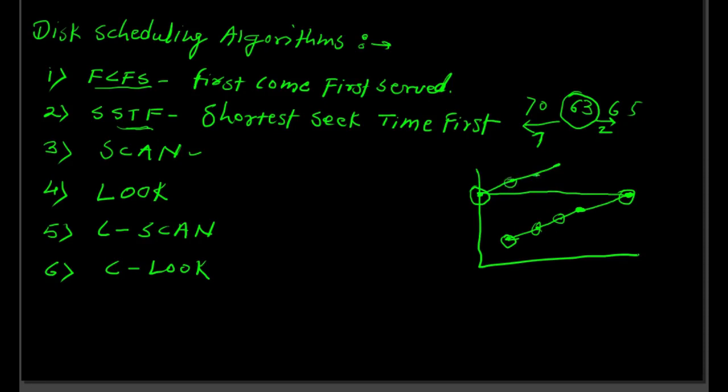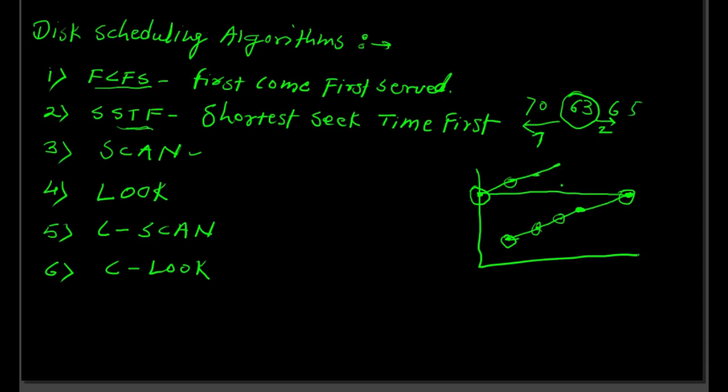So this is called the C-SCAN algorithm. What is the difference between SCAN and C-SCAN? In SCAN algorithm, it reaches the end of the disk and reverses the direction with processing of the requests. But here in C-SCAN, it reverses the direction and reaches the other end of the disk, and from then onwards it again changes the direction and processes the remaining requests in that direction. Okay, so this is called the C-SCAN algorithm.